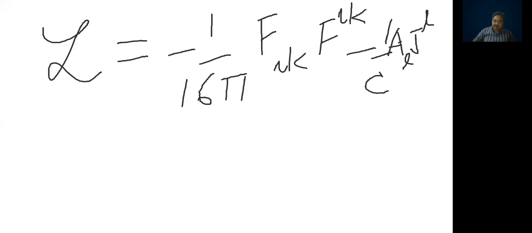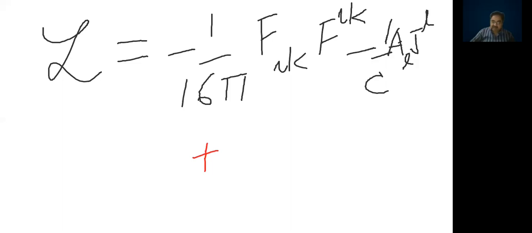Then, if the photon is massless, that means the rest mass of the photon is 0, then it is sufficient. But if you include the mass of the photon, then there will be an additional term appearing in this Lagrangian.